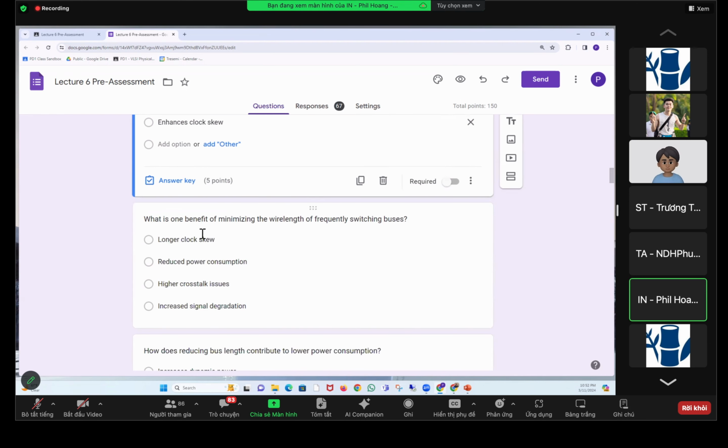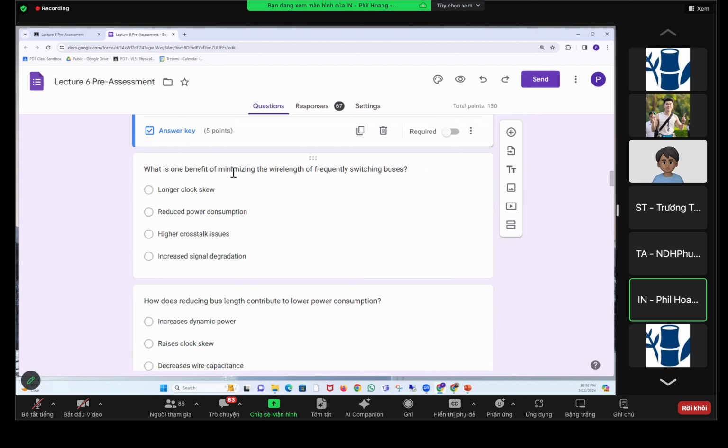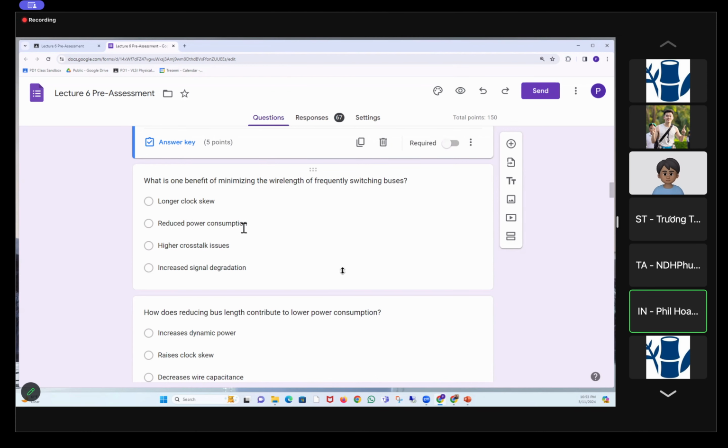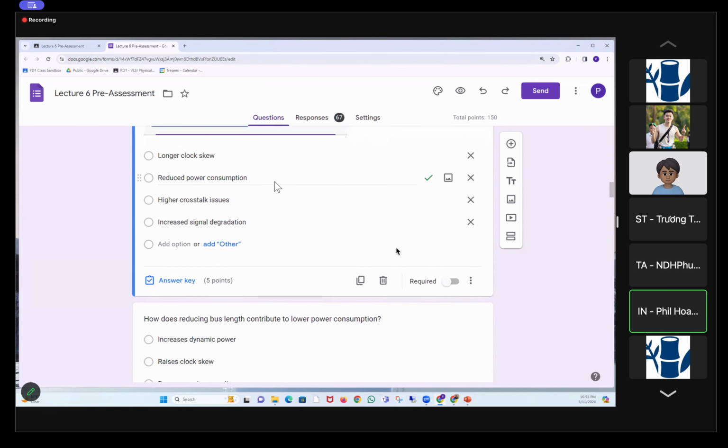What is the one benefit of minimizing wire length of frequently switching buses? Longer clock skew, reduced power consumption, higher clock crosstalk issues, increased signal degradation. Yep, the correct answer is B, right?